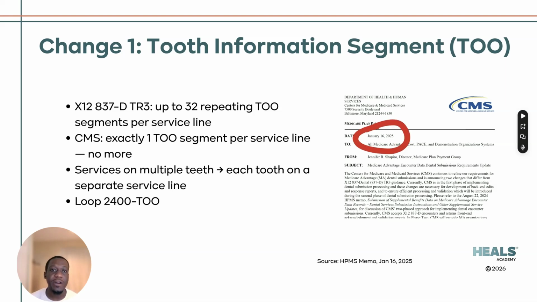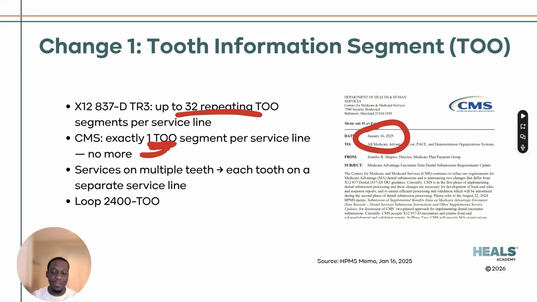And the change number one is the tooth information segment. The X12 837D TR3 has up to 32 repeating TOO segments per service line, but CMS is requiring health plans to have exactly one TOO segment per service line and no more. And if there are multiple teeth, CMS requires that each of them have a separate service line.